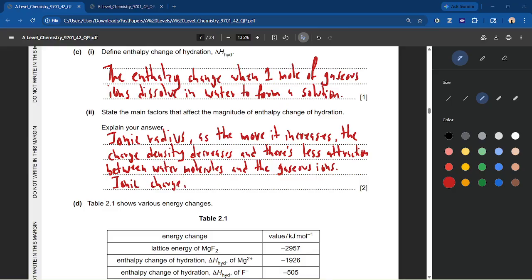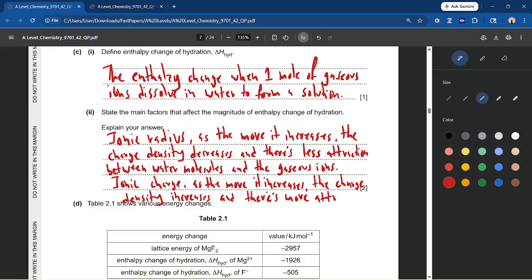The more it increases, so this will be the opposite, charge density increases with it, and there's more attraction between water molecules and gaseous ions. Very simple, nothing too complicated.